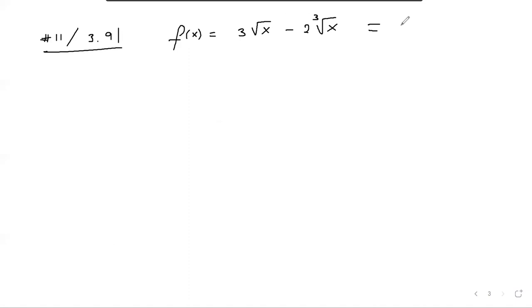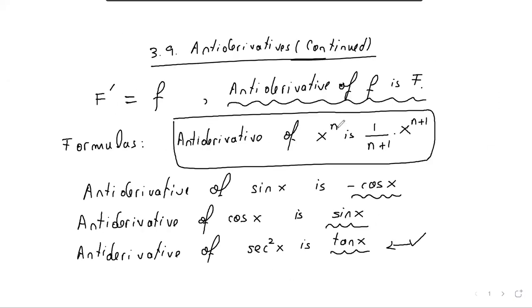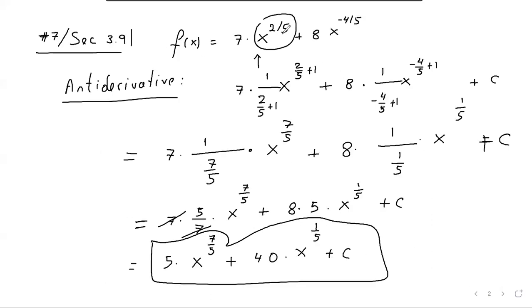So in this case, the first step is to rewrite my problem as a bunch of powers of x. Again, there's no hope to do antiderivatives of radicals directly, because there's no formula for them. So the way to do that is to write them as powers of x and interpret the problem as we did in the first part, where the exponent is maybe a fractional exponent, exactly like we did in the problem earlier, where we had 2/5, negative 4/5 and such.